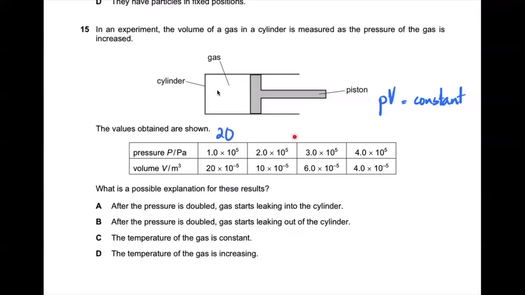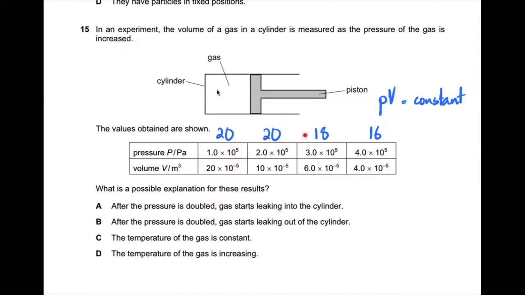If you do both of these times one another, this is 20. You do both of these, this is 18. And then this 4 times 4 is 16. Right? So here what is happening is PV is decreasing. It's initially constant and then it decreases. All right. So what is a possible explanation for these results?